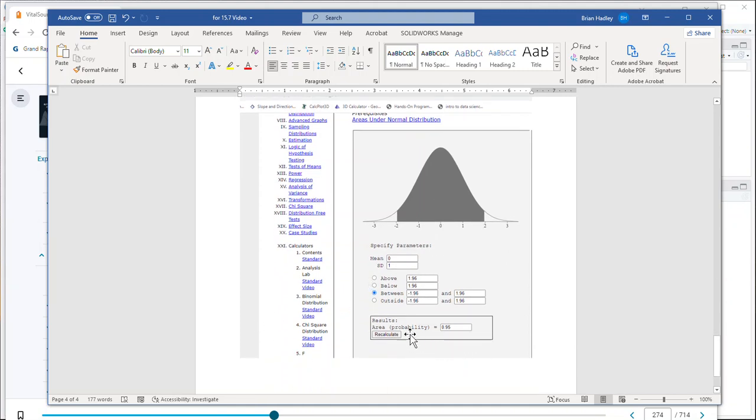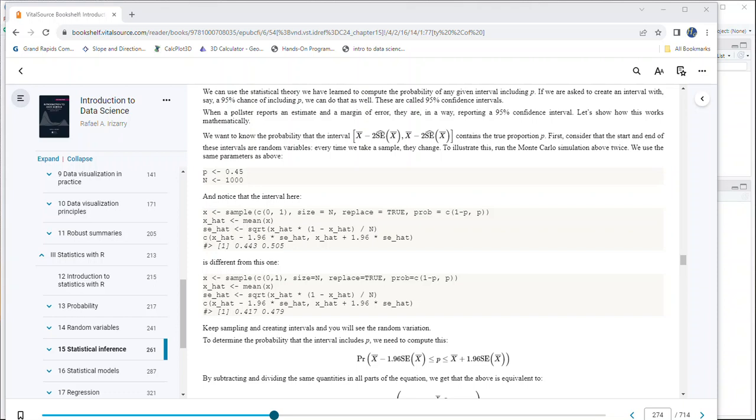And so if I'm looking at a probability of 95% accuracy, which is what our author suggests that we'll use in this case, then I have to be between minus 1.96 and 1.96. So 95% of the area is between minus 1.96 standard deviations and positive 1.96 standard deviations. Okay, so that is below the mean and above the mean. And so that is the idea of where those two numbers come from.